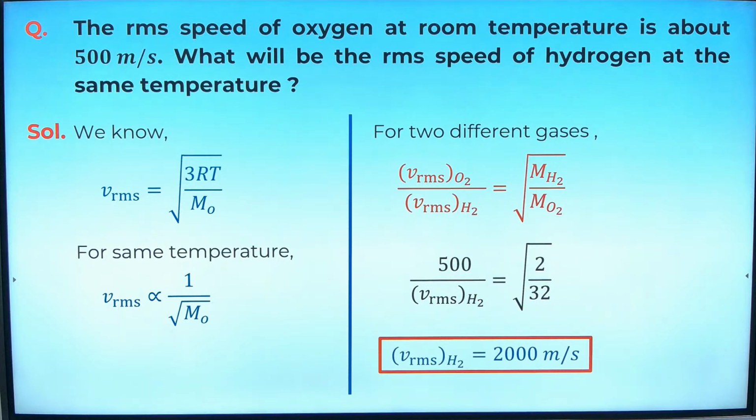It is O2, so it will be 32, isn't it? In the same way hydrogen gas will be H2, so it will be 2. When you put that in the formula, you will get the answer as 2000 meter per second.